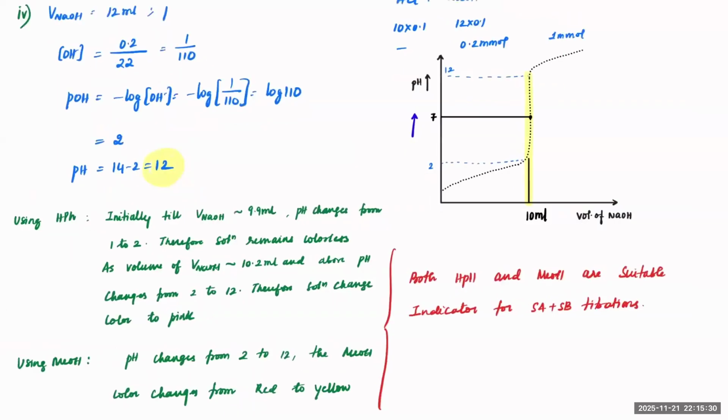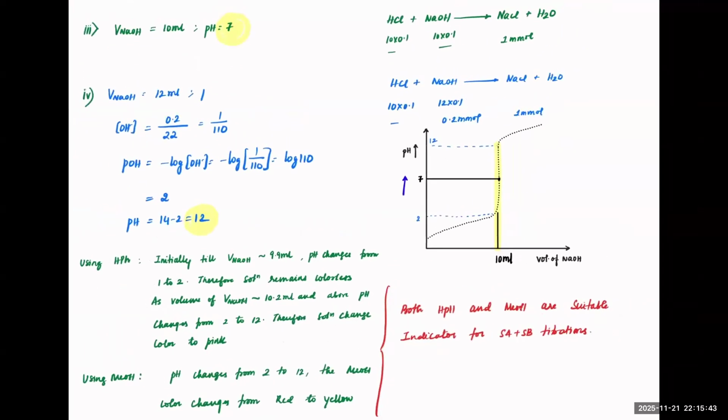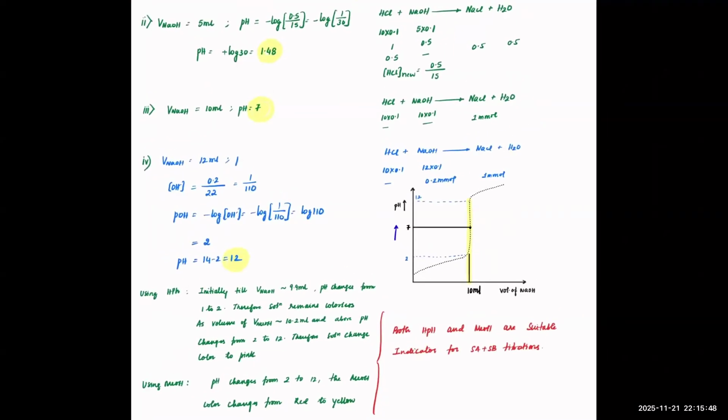So you can use any of these indicators, and they will act fine, especially in this pH range. Please go through it, everybody. I hope all of you understood the strong acid, strong base case, how the pH is changing.